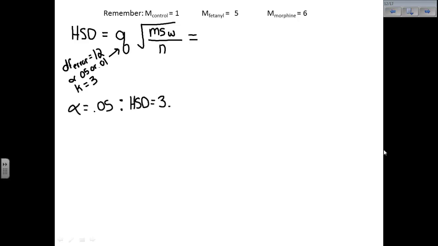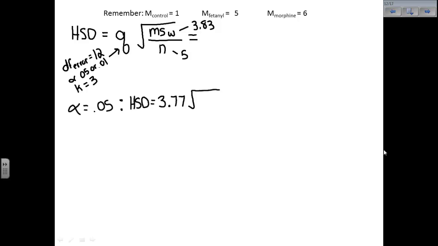So 3.77 times, well, the mean squared within that we calculated earlier was equal to 3.83. And the sample size for each group was 5.